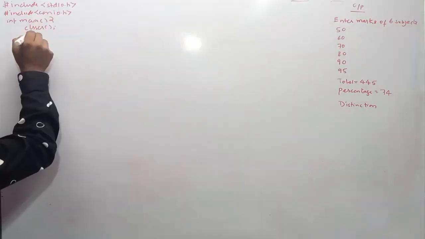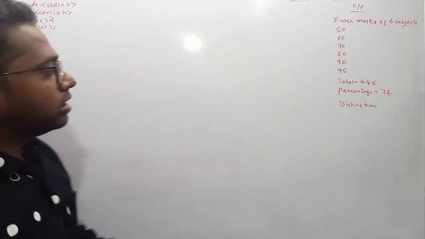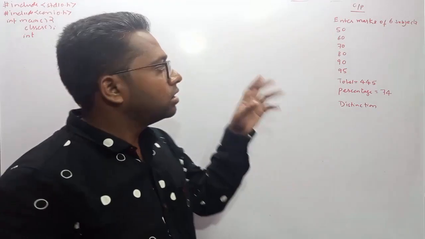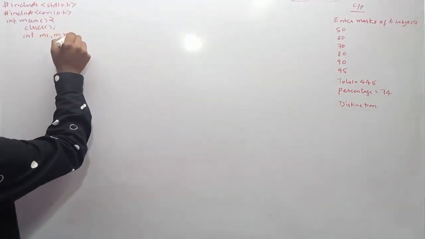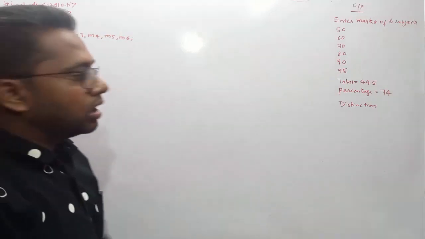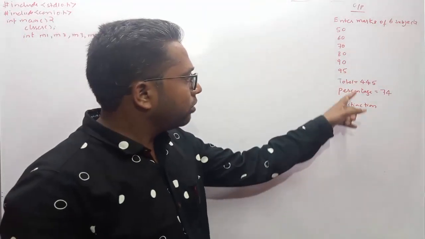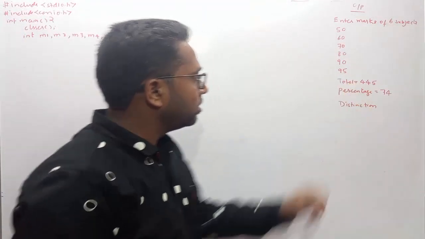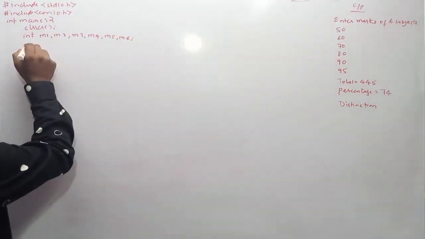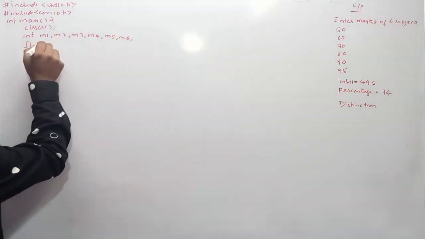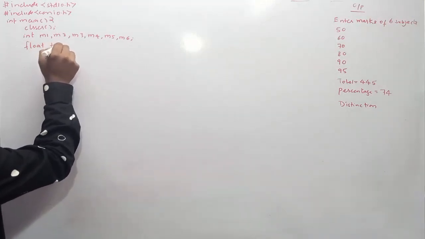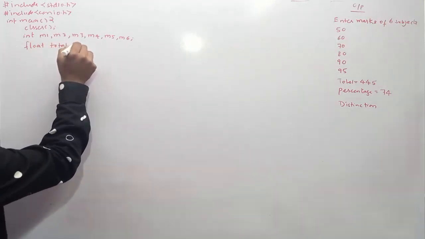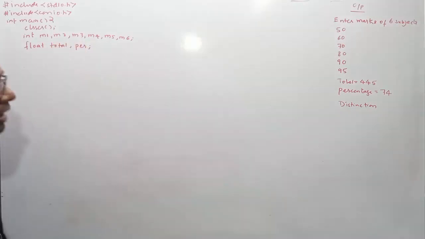Now I need to declare 6 variables: M1, M2, up to M6. Now I need to create 2 more variables, total and percentage. I will create these variables of type float for total and percentage.